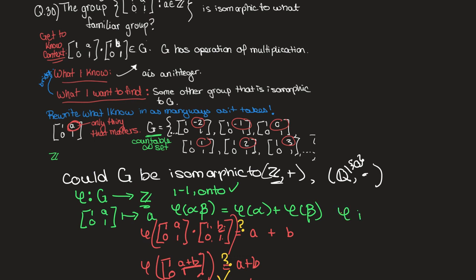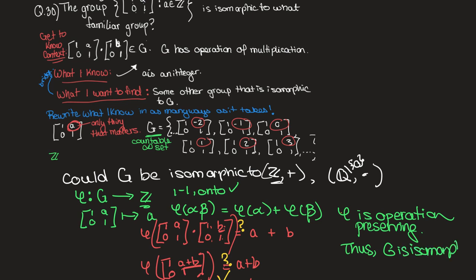So phi is operation preserving, and thus G is isomorphic to Z.